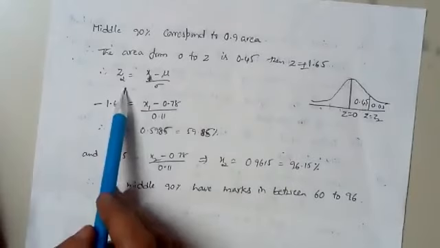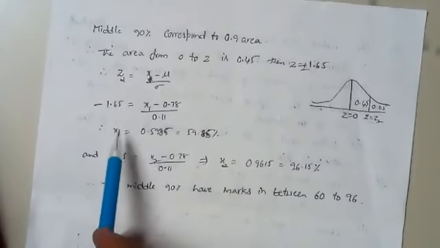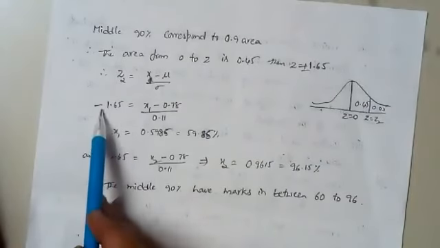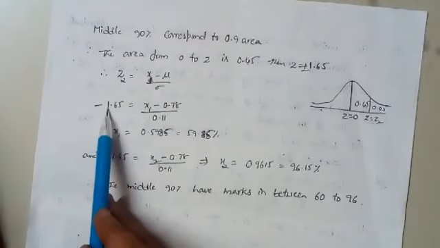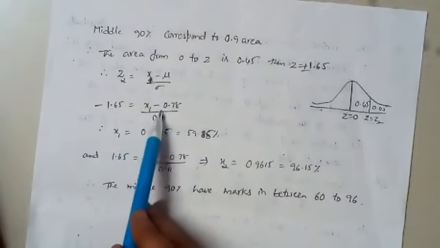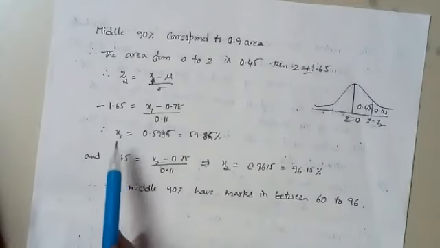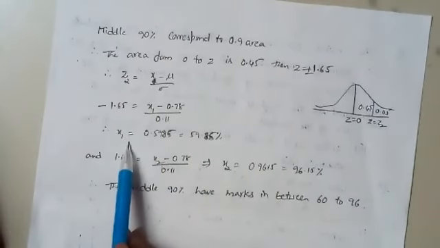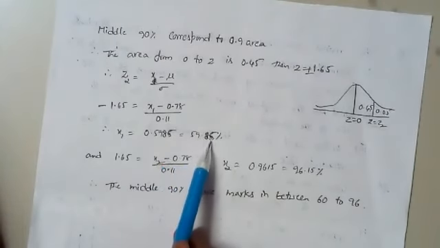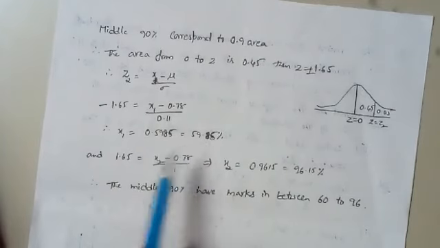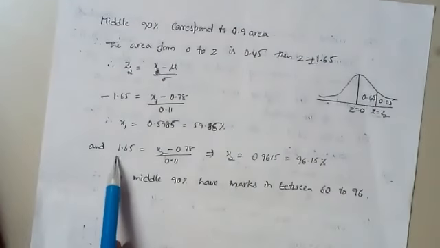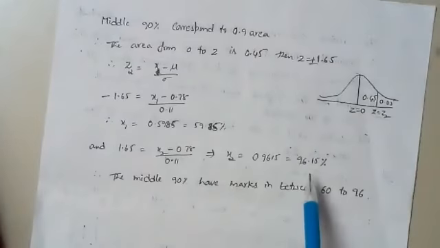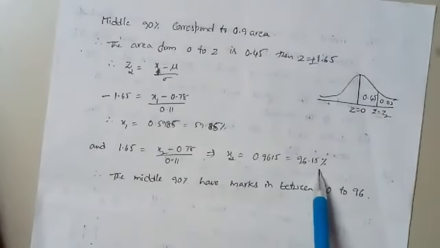So by substituting in the standard normal variate, first the negative value, minus 1.65 is equal to (x1 minus 0.78) by 0.11. Then you will get x1 as 59.85%. Next, if you take positive 1.65 in the same substitution, you will get x2 as 96.15%.